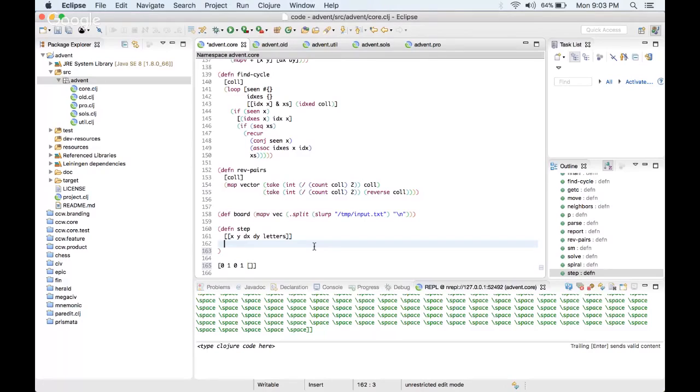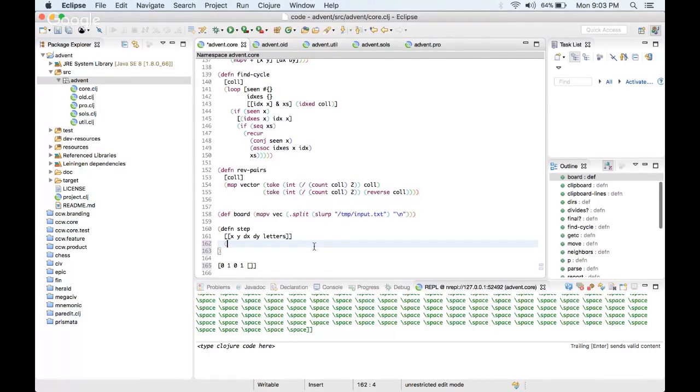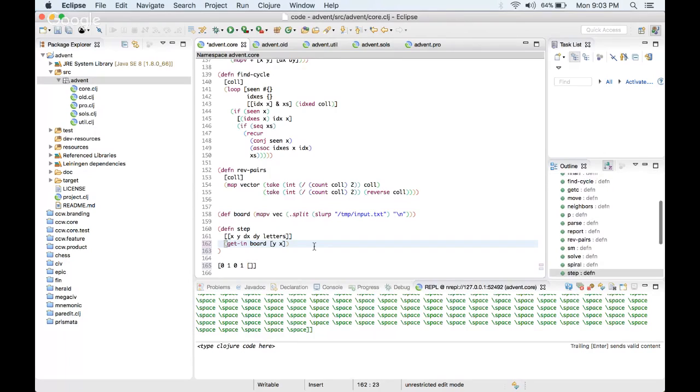handle here. So each step of the way, I think that maybe we have to like get in the board at, is it XY or YX? It's actually YX. And I think we got to like look ahead maybe.